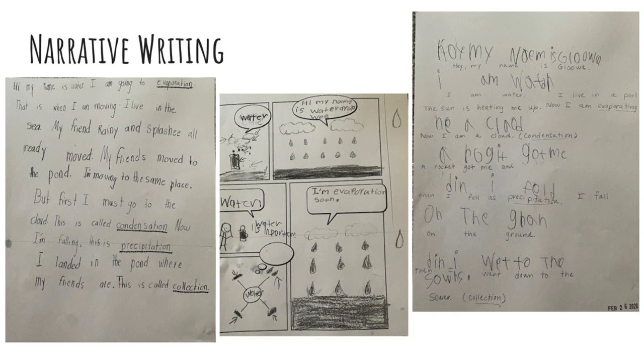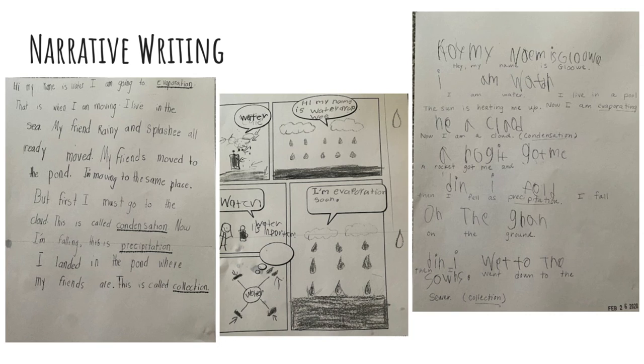The third one is a special ed student, an ESOL English language learner, all third graders. You can see that he had done some writing, and then I wrote underneath. He dictated what he had written to me. He was able to reread his writing back to me and explain the water cycle.